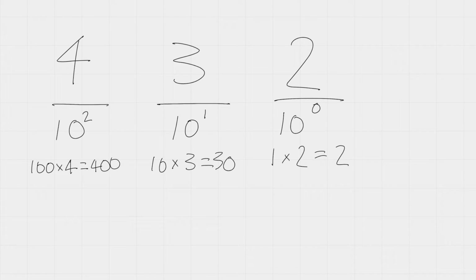So if we add all these up, we get 400 plus 30 plus 2, which is equal to 432. So we don't actually need this process for evaluating decimal numbers, but we do need it when converting from binary to decimal. So let's do that now.